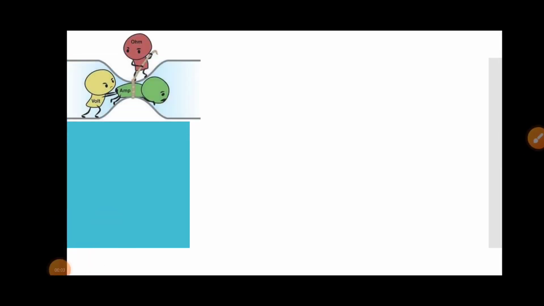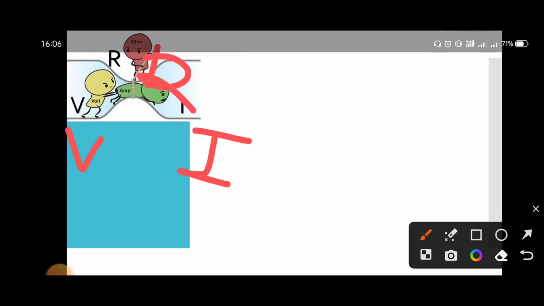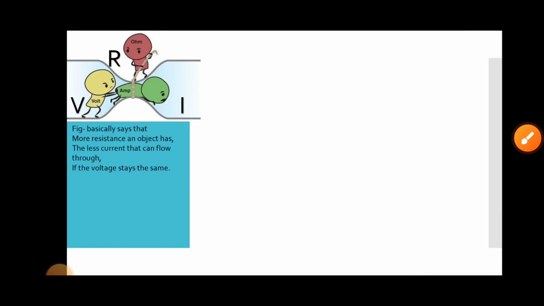Let's understand what we learned. The figure is the best example to understand Ohm's law. This is the voltage, this is the current, and this is the resistance. The figure basically says that the more resistance an object has, the less current can flow through it, if the voltage stays the same.